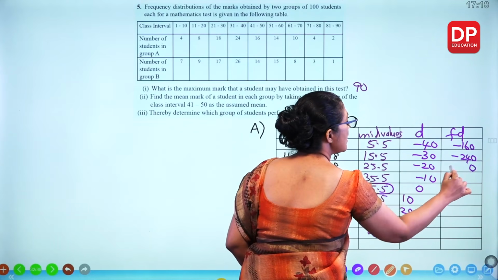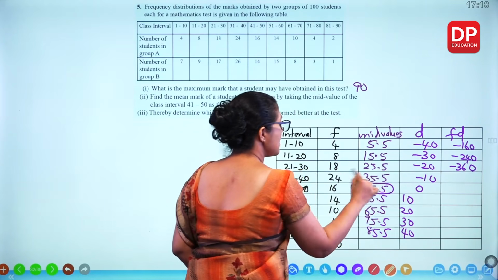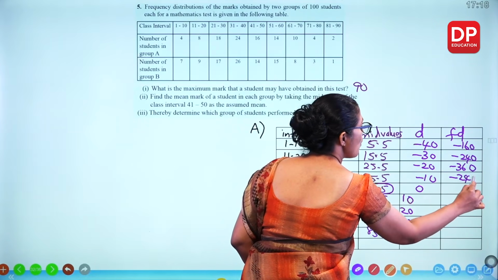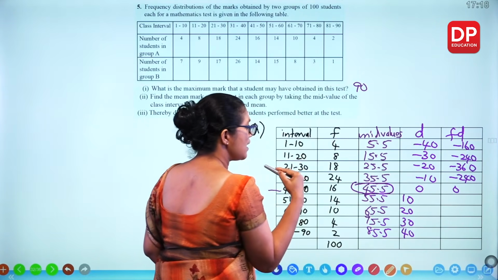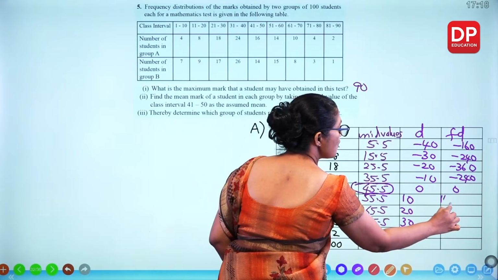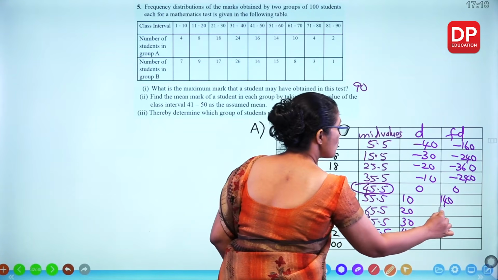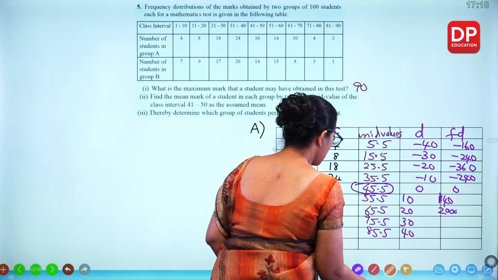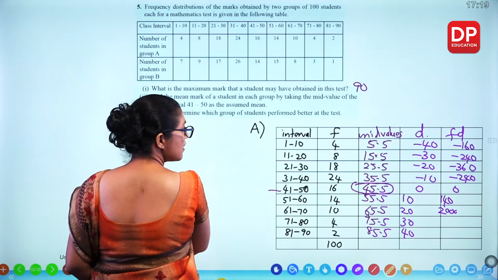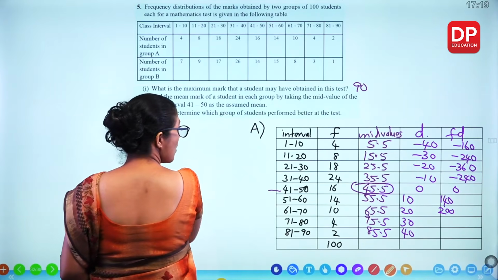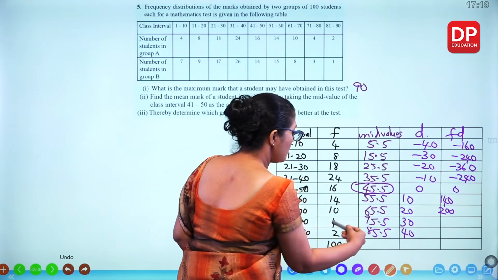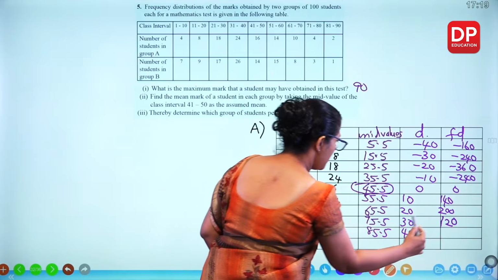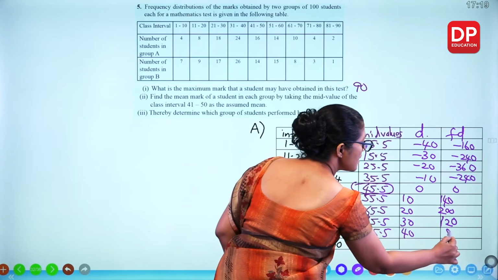This one minus 360, minus 240. And you get 0 here. This 140, 200. You get 140 and 200. This one 120 and 80.